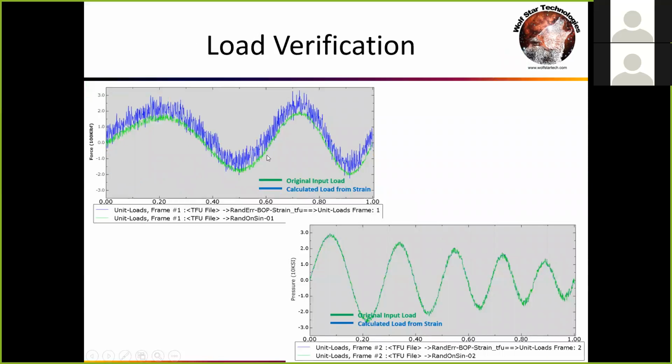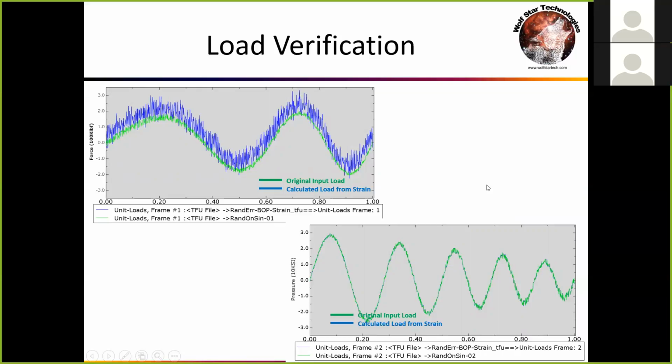And then just to go back and take a look at the loads we calculated with true load versus the original loads that we started off with on the structure. And you can see that the compression force load, we had a little bit more noise in it, a little bit more uncertainty, but it still followed the right trends there. And then the internal pressure load was following much more closely.